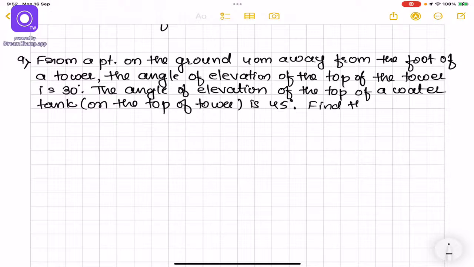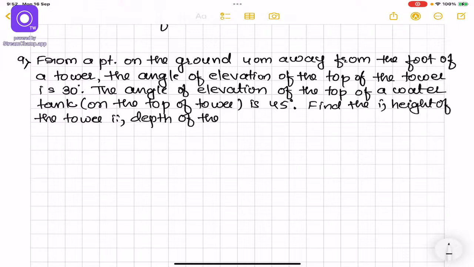Find the first one, height of the tower, second one, depth of the tank, okay.